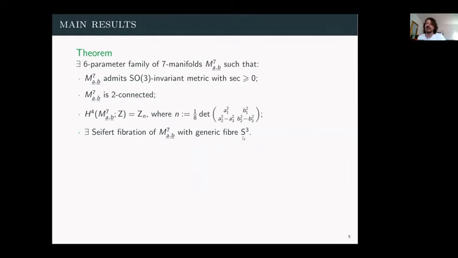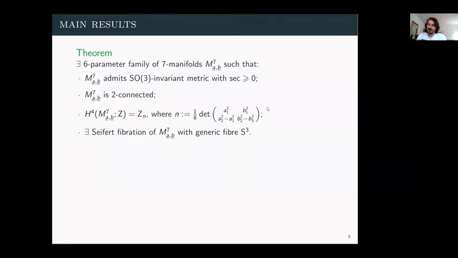You get an S4, you have 2 copies of RP2 in it, and the orbifold singularities are in the normal circles to these RP2s, and the problem is that they're too short. And they're too short exactly by a factor of A1 or B1. Okay, so it's still a pretty nice almost bundle, but you just have to worry a little bit about these orbifold singularities downstairs. Okay, so they really do look like S3 bundles over S4.